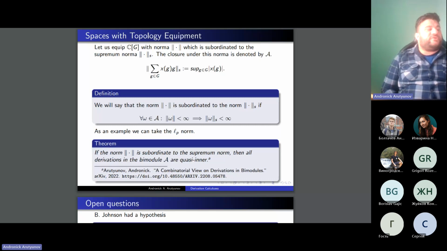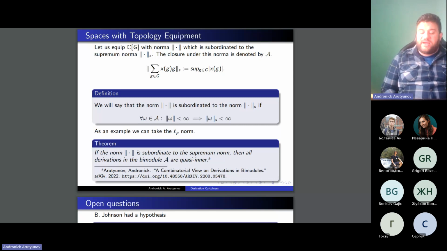For such a bimodule, we can check whether the norm is subordinated to the supremum norm. That just means that if an element is bounded in your norm, then it is bounded in the supremum norm. And then the theorem: for such subordinated norms, all derivations are quasi-inner.